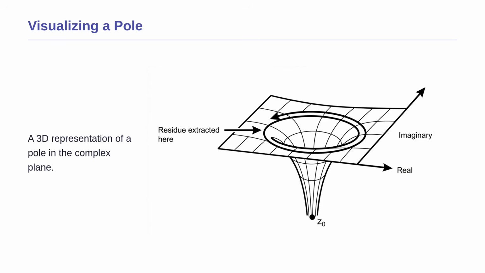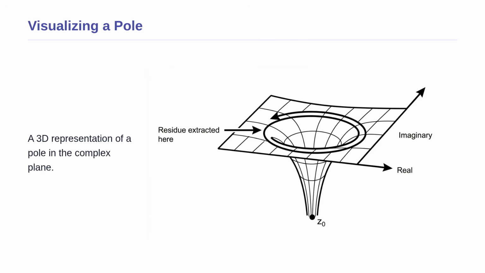Now that we have our trampoline analogy, let us look at what this actually looks like mathematically. Here you see a three-dimensional surface representing a complex plane with the real and imaginary axes clearly labeled. Right in the center, at the point Z0, the surface plunges downward into an infinite pit. This is our pole.